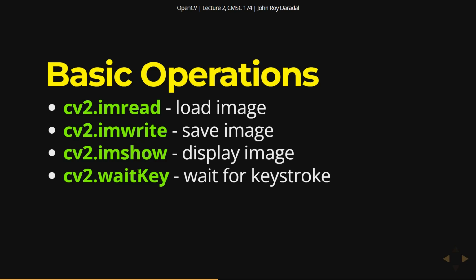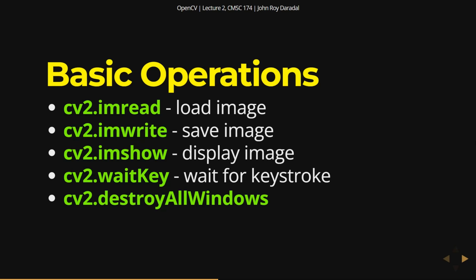This is essential when you are showing the image, because if you don't use this, the image will show and then just disappear. We'll see this later in the demo. So waitKey is waiting for a keystroke, and then destroyAllWindows will destroy all the open windows that are showing images.